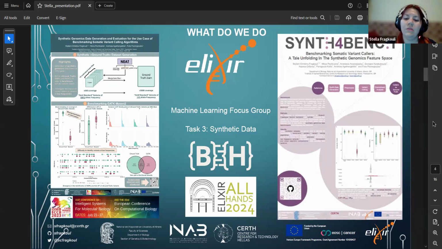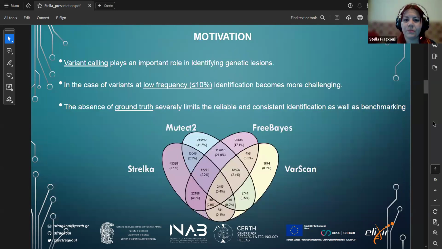We have sent projects to the BioHackathon last year. And the poster of the framework that I'm going to present is traveling next month to Uppsala for the ELIXIR All Hands meeting in Sweden. So, what's the motivation behind everything I've been talking about?